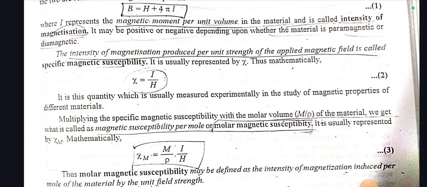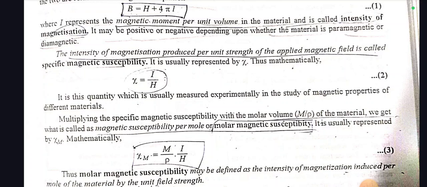Multiplying the specific magnetic susceptibility with the molar volume M upon rho of the material, we get what is called the magnetic susceptibility per mole or molar magnetic susceptibility.